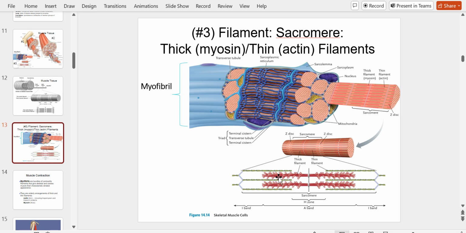But some heads are always bound. Maybe 2 or 3 heads here, maybe 1 or 2 here, 3 or 4 here, 2 or 3 there, and then they release and other ones will attach. And these ones here will release and other ones attach. So at some point in time there are always some heads that are attached.